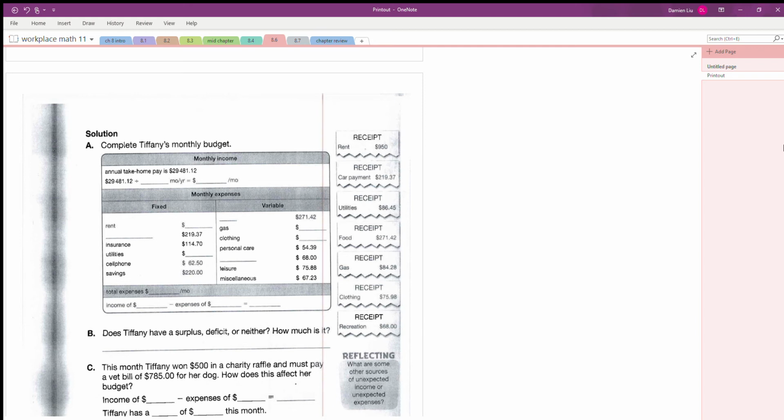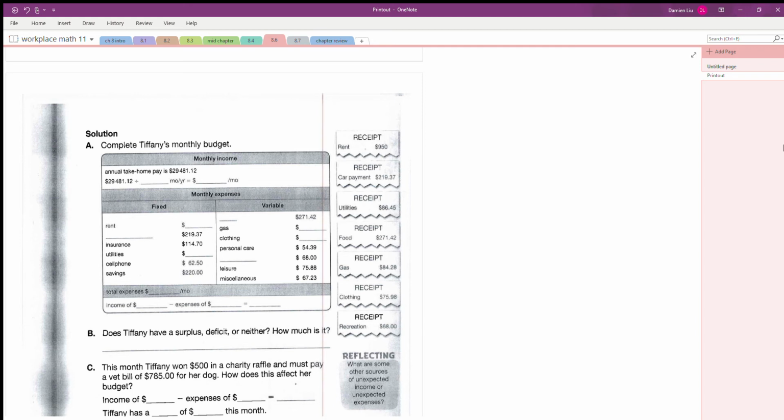So monthly income, annual take-home pay is $29,481.12, and we're going to calculate what it is monthly. I'm going to figure out how many months there are in a year, because that's her yearly amount.